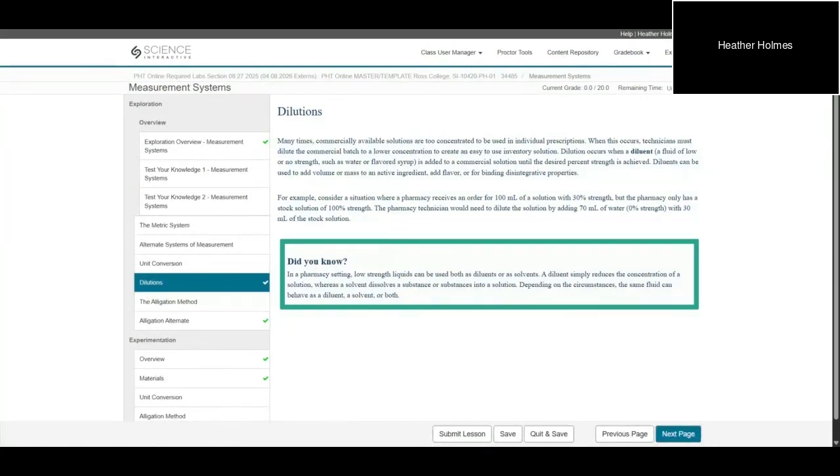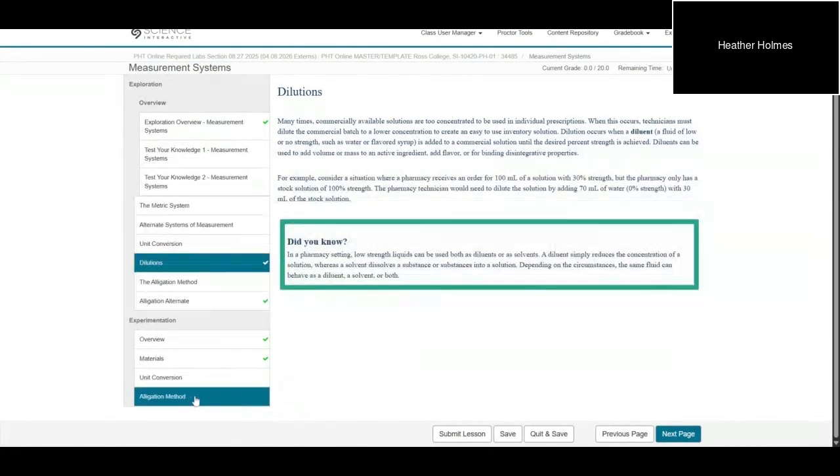Dilutions. So this is what you're going to be doing for part of your experimentation. It tells you about what a dilution is and typically what we use them for, and it gives you an example scenario of what you would see in a pharmacy.